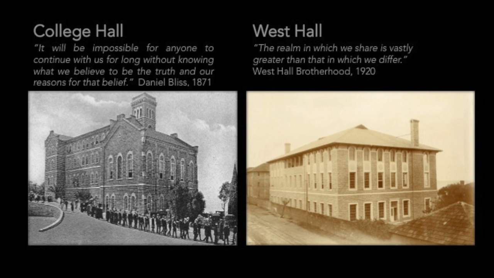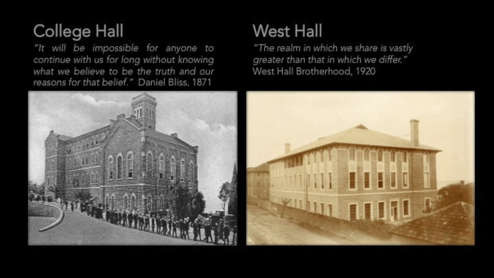As I mentioned before, Daniel Bliss's famous proclamation in 1871 at the cornerstone laying ceremony where he announced the college for all conditions of classes of men without regard to color, race, nationality, or religion. At the last sentence of that proclamation is the caveat where he says, "It will be impossible for anyone to continue with us without knowing what we believe to be the truth and our reasons for that belief," unquote.